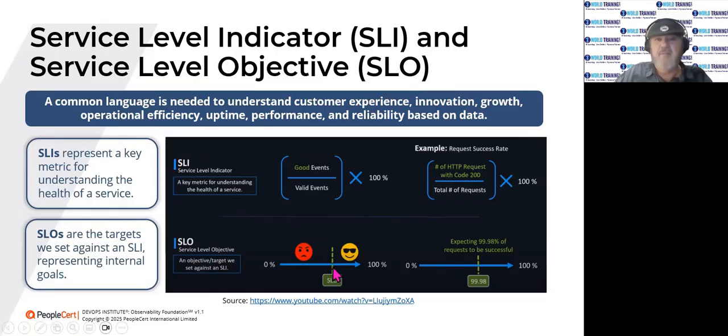But if you hit above that percent, then you're in good shape according to whatever you set your SLOs to be. For example, you maybe say as an SLO, I expect 99.98% of the requests to be successful. So you have to hit at least that level before you are considered meeting your SLOs.